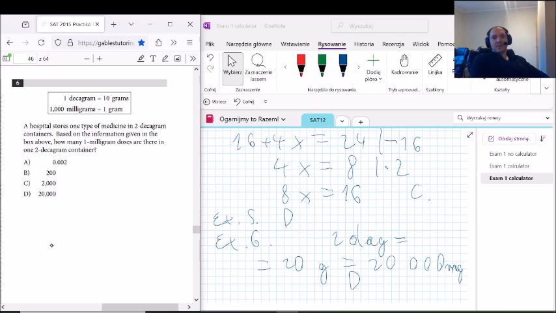Now imagine calculating the volume, for example. If you have 1 meter cubed, every meter has 100 centimeters, so 100 to the power of 3 is 1 million. So 1 meter cubed equals 1 million centimeters cubed.